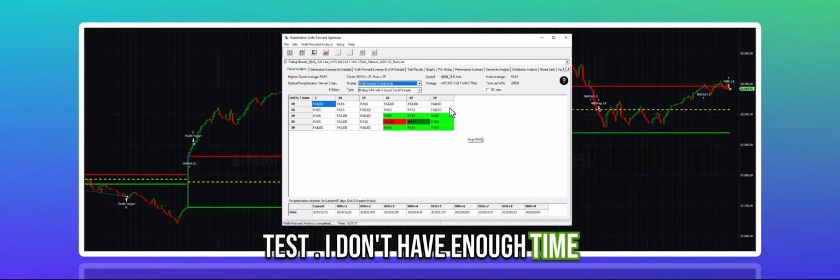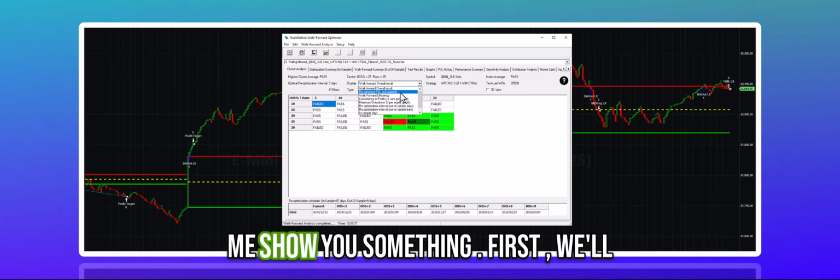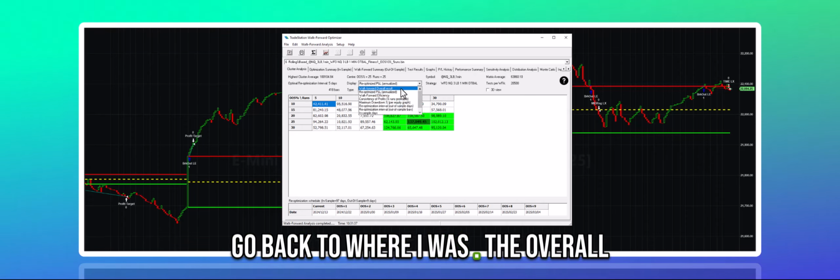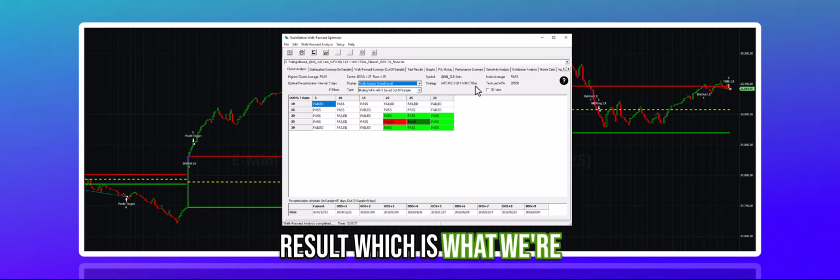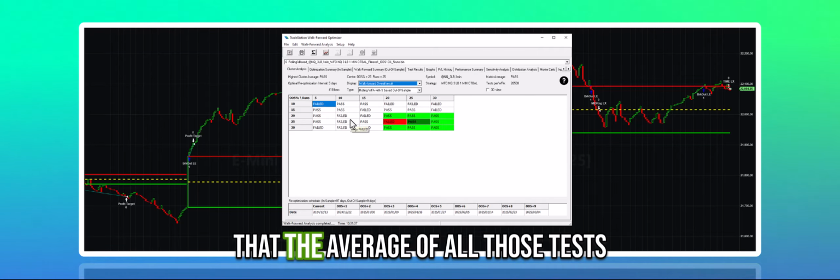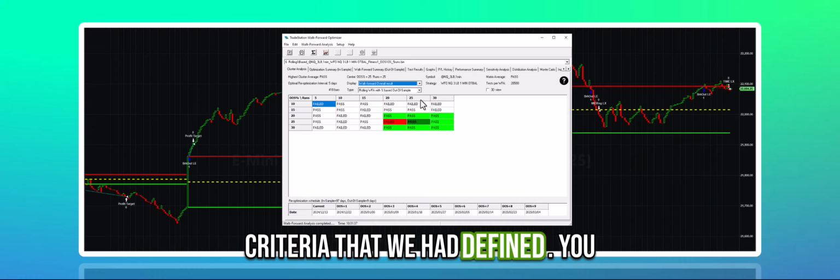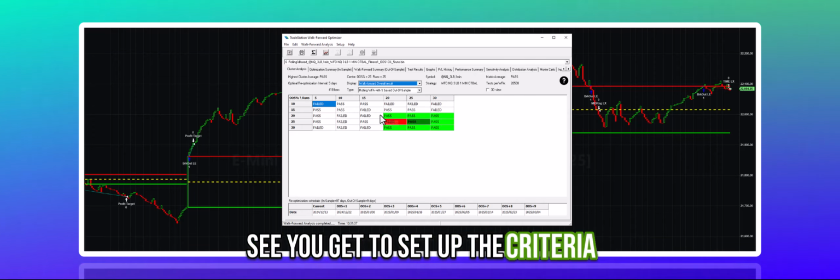Now, I don't have enough time here to explain the details, but let me show you something. First, we'll go back to where I was. The overall result, which is what we're concerned with, the matrix average, tells us that the average of all those tests is that it did pass the setup criteria that we had defined. You see, you get to set up the criteria.